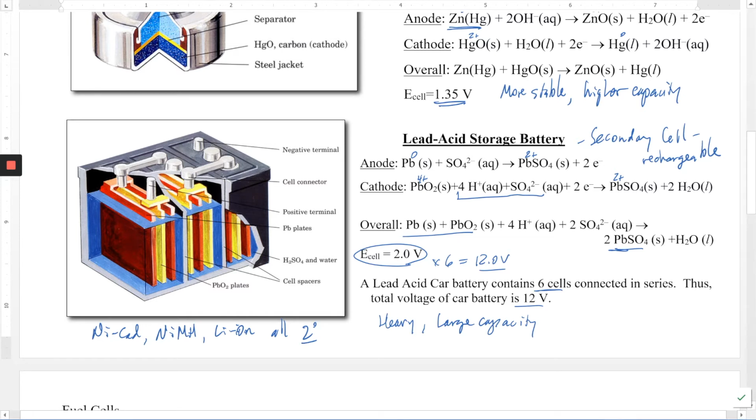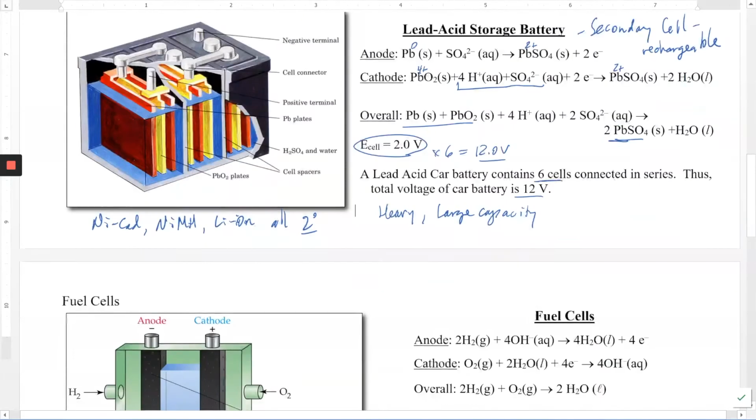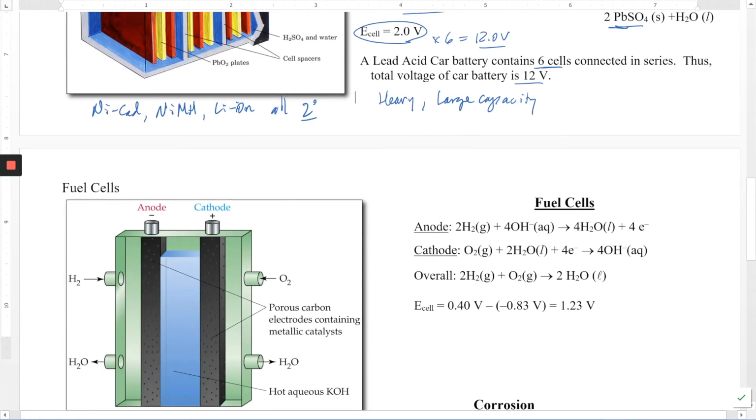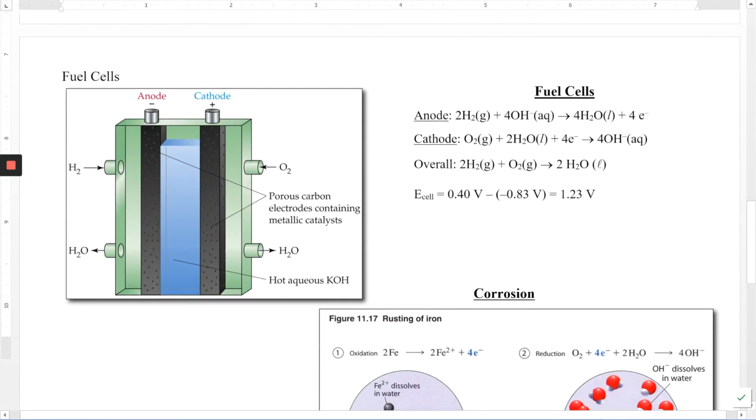Now, another kind of cell, it's not really a battery, but it's a cell that's based on electrochemistry, is called a fuel cell. And in a fuel cell, we have a fuel like hydrogen. So the fuel is being continually replenished.